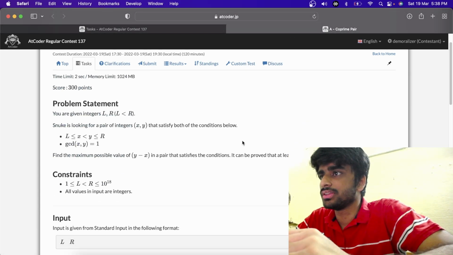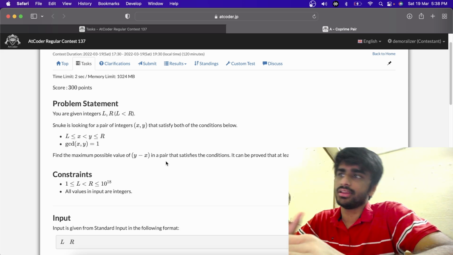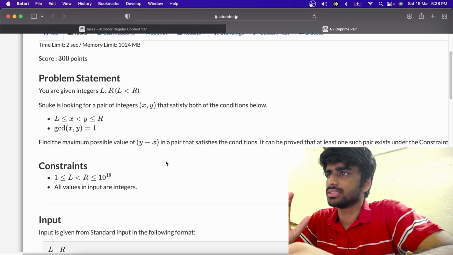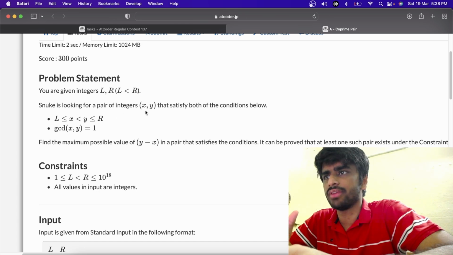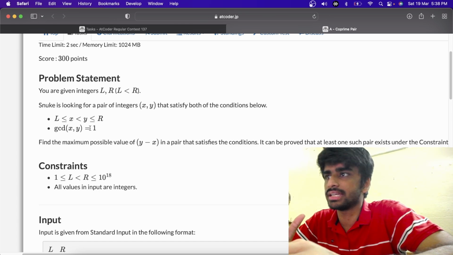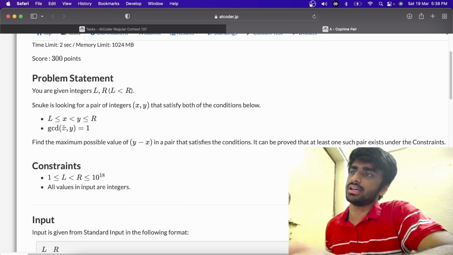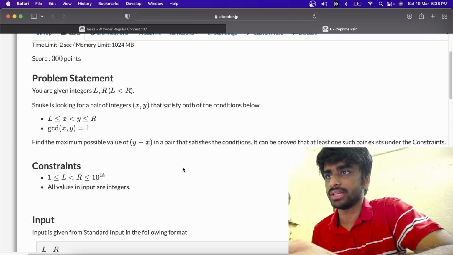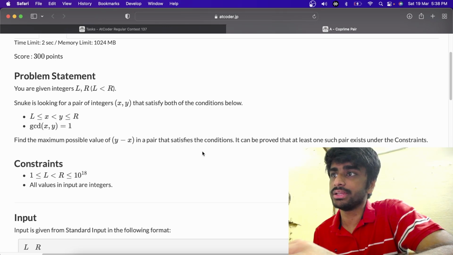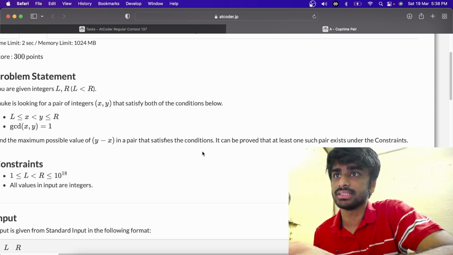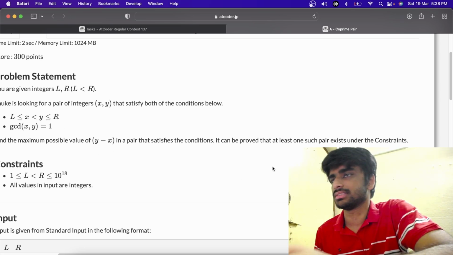Okay. So in this, we are given two integers L and R, and we want a pair of integers that satisfy both the conditions: they are within the range and the GCD is 1. We want the maximum possible value of y minus x such that this happens.